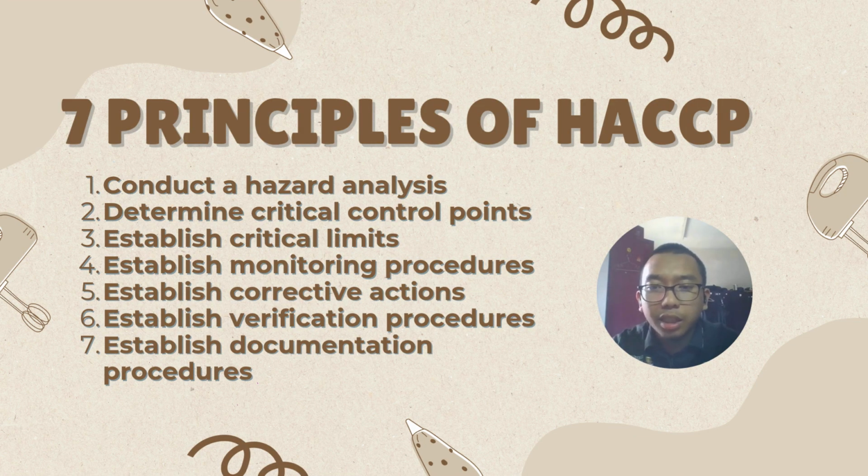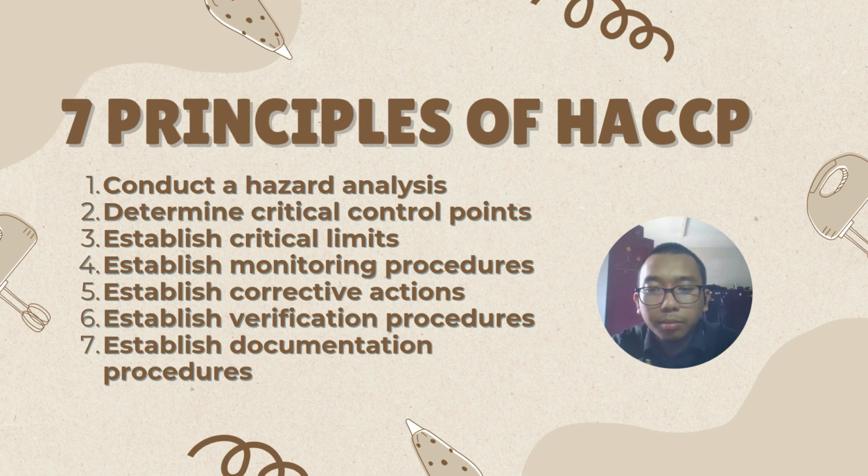Firstly, conduct a hazard analysis, which lists all steps involved in the process or product in question and identifies where significant dangers are likely. Secondly, determine critical control points.